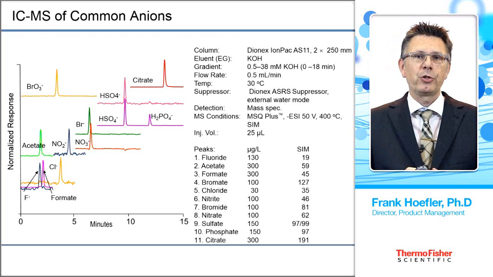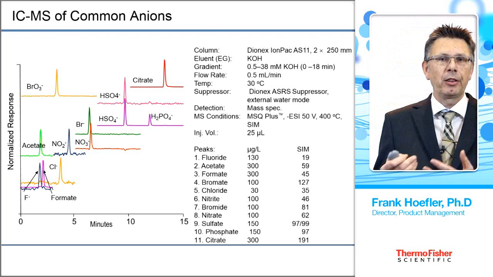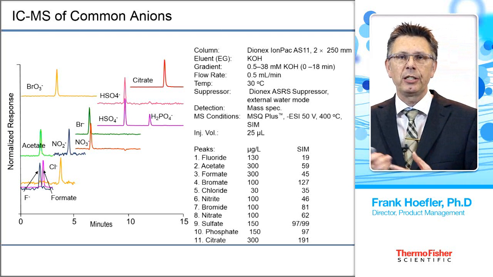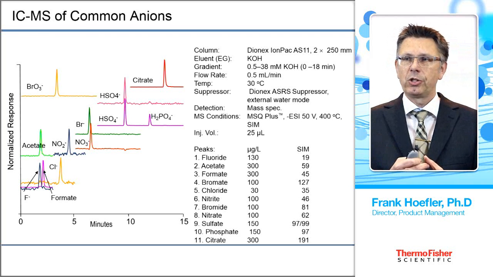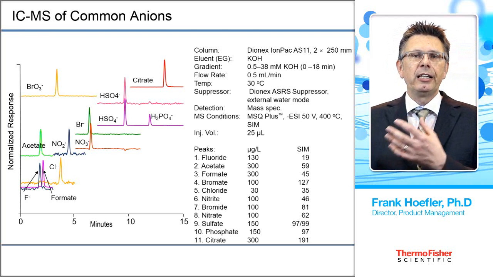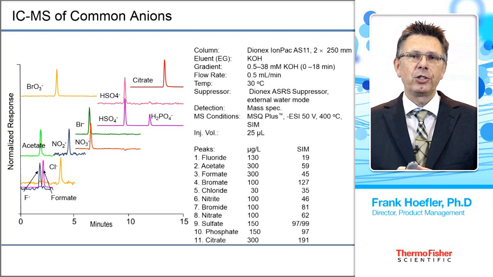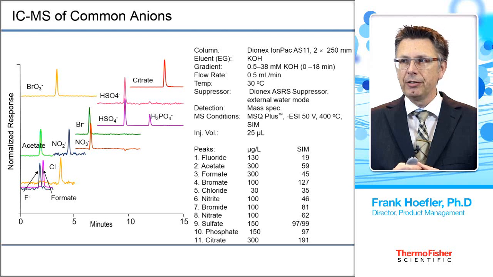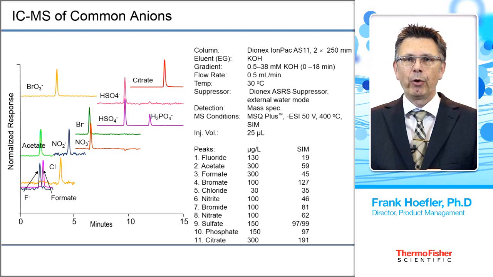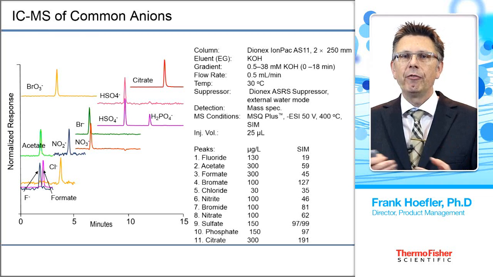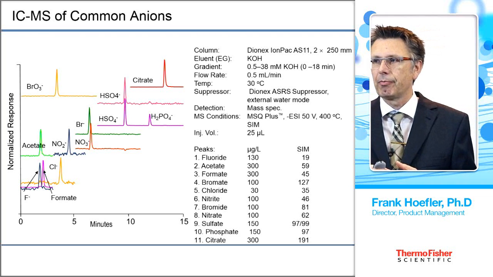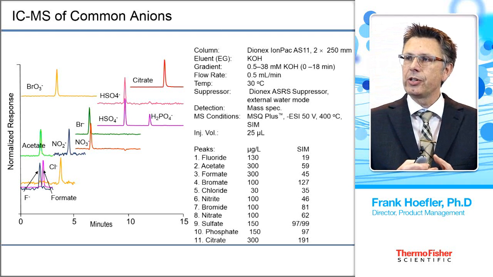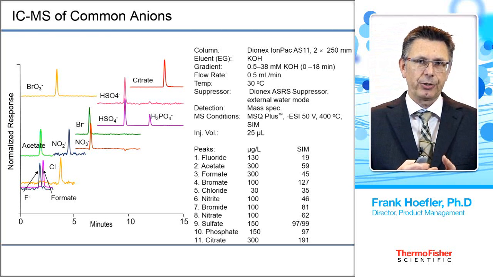Phosphate is typically a triply charged ion, but at the neutral pH value it also elutes as a singly charged ion, detected at mass to charge ratio 97. Here we really take advantage of the ion chromatographic separation, because we are separating both ions in time and have no problems with any misidentification or misquantification. Citrate is in this example the last eluting ion, with a retention time of about 14 minutes.